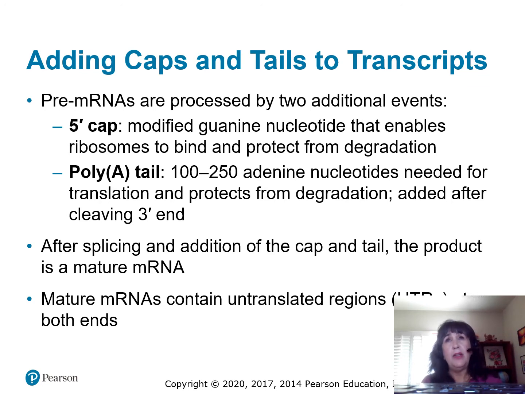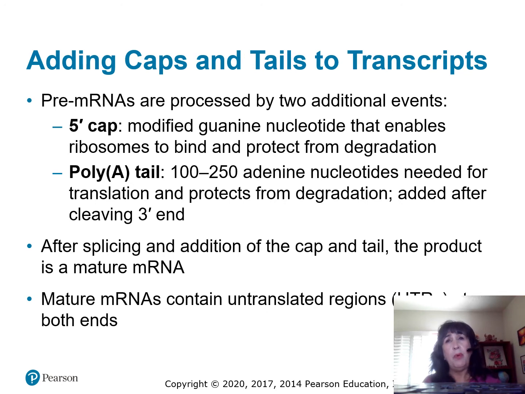Adding caps and tails to transcripts. When we make our copy, how can we tell that it's completely mature? Well, we can tell that it's mature because it doesn't have any non-coding regions. But another way that we can tell that messenger RNA is mature is that it has a 5' cap and a poly A tail. So there's something at one end and at the other end.